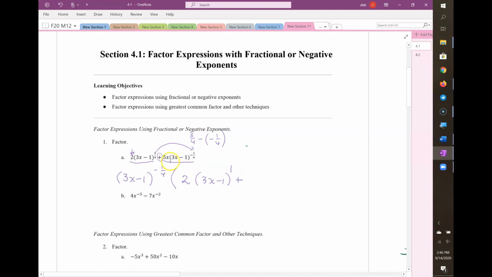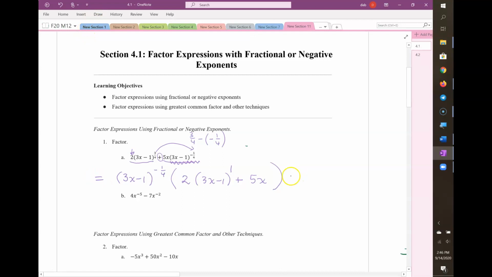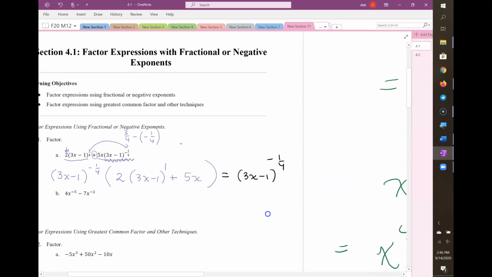Plus, then I factored out this entire guy, so a 5x is left. And then you need to simplify what's inside the parentheses. So you're going to get 3x minus 1 to the negative 1/4 times 6x minus 2 plus 5x.